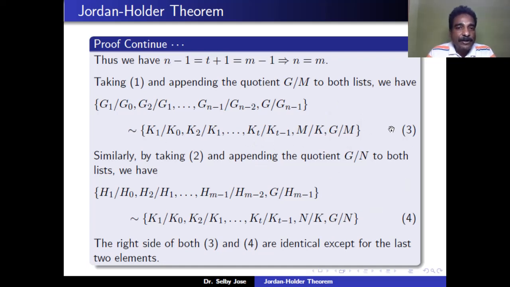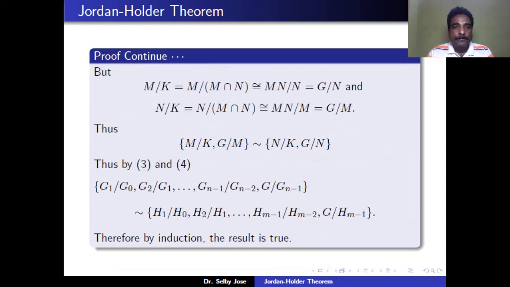And in the right hand side of 3 and 4, up to Kt mod K(t minus 1), this set is the same. And we have added two terms here, M mod K and G mod M, and here it is N mod K and G mod N. So except the last two terms, the right hand side sets are identical.